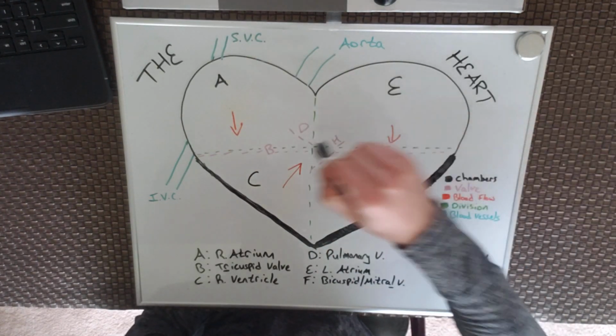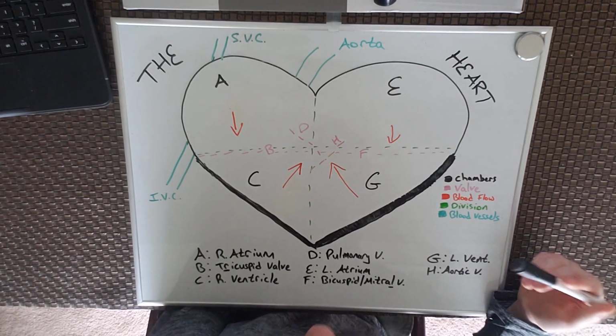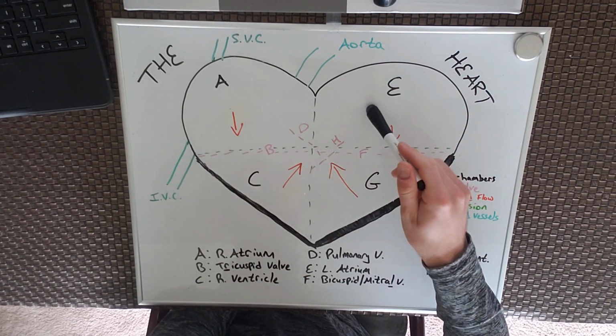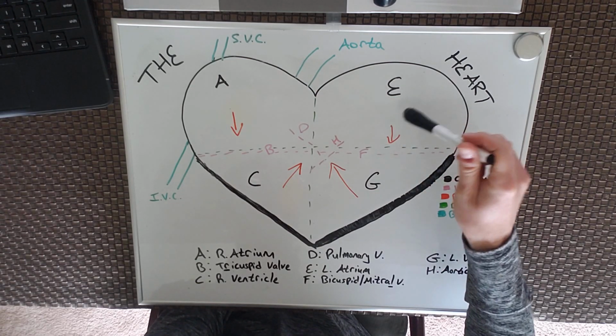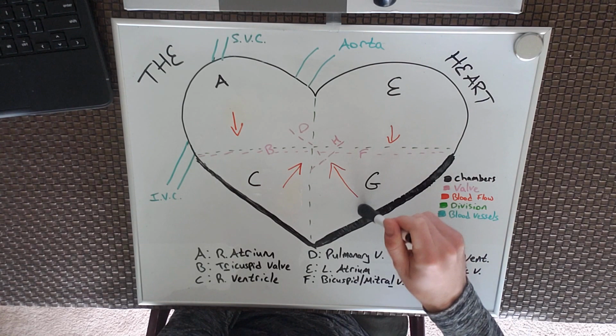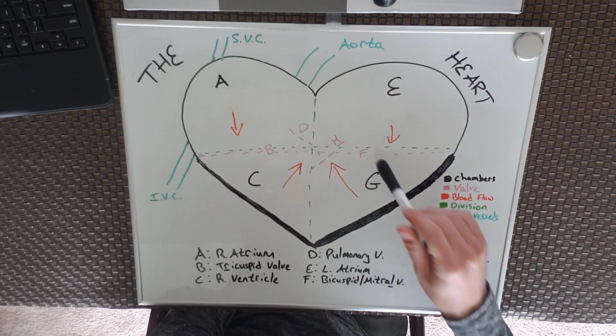I don't have it here, but it goes to the lungs, and that's where the blood receives its oxygen. Then the blood comes back into the left atrium. The blood fills up, the door opens, the bicuspid valve opens, and the blood rushes into the left ventricle, and that's when the valve closes.